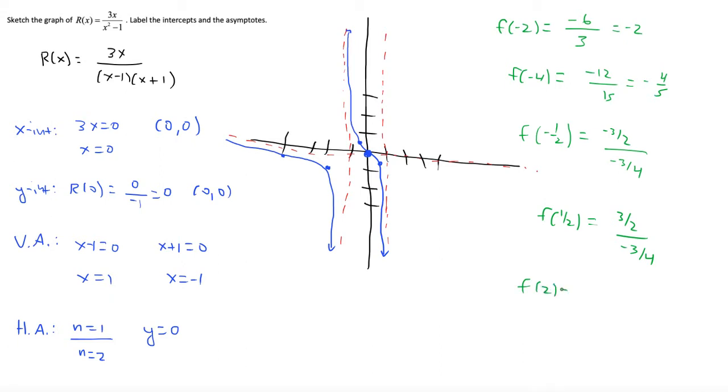We'll plug in 2 and figure out what happened. So 3 times 2 is 6. 2 squared is 4. 4 minus 1 is 3. That gives us positive 2. So our graph is going to be up here, right? That tells us that our graph should be above the horizontal asymptote that way, and we should follow the vertical asymptote in this direction.